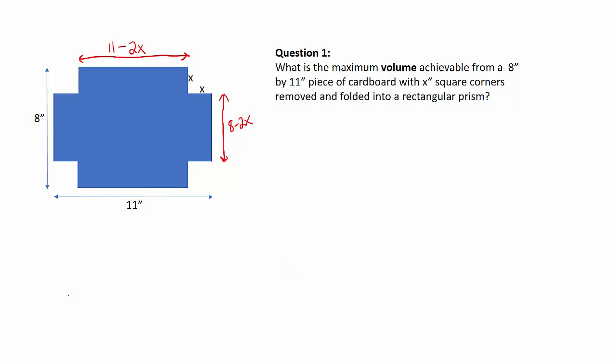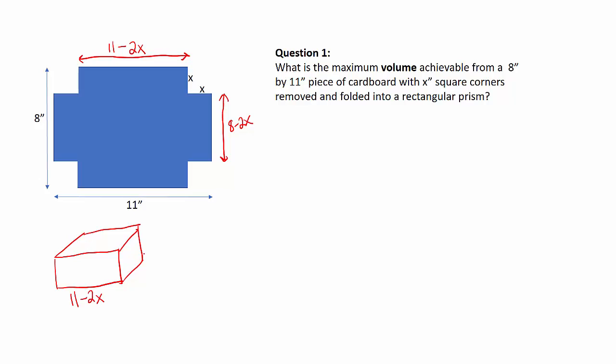All right, so now let's think of volume. To think of volume, we're going to need to think of this 3D figure. So I'm just going to draw this box in 3D again. And I'm going to label what each of the dimensions are. So the length would be the 11 minus 2x.